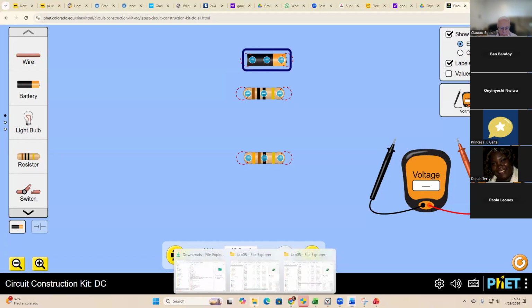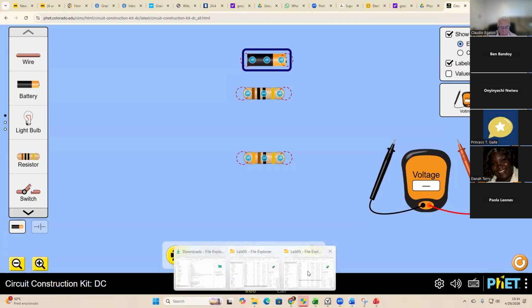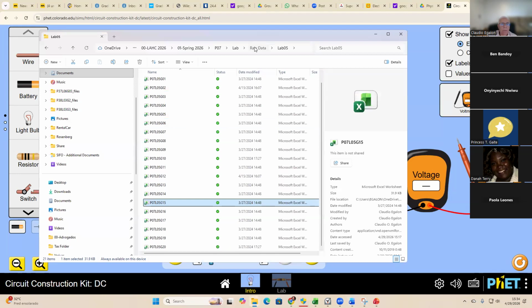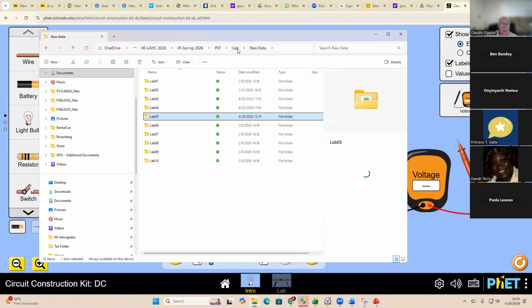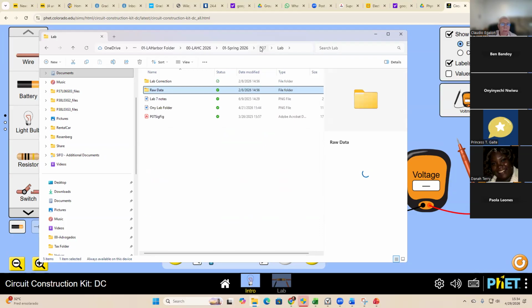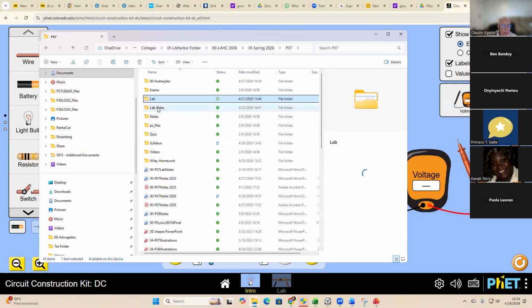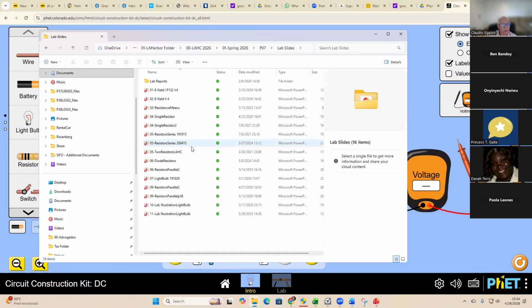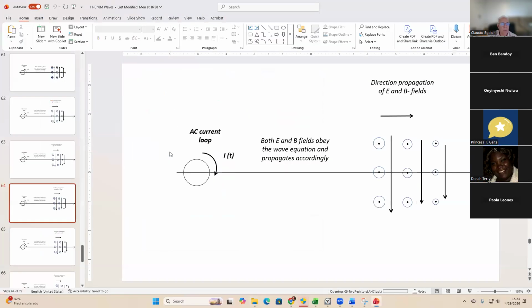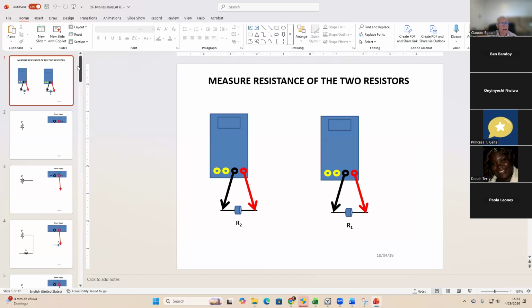Let's see if I can get my slides as well. Lab slides. Two resistors. Yeah, that's the one. Red banana cable, plug it to the red jack.